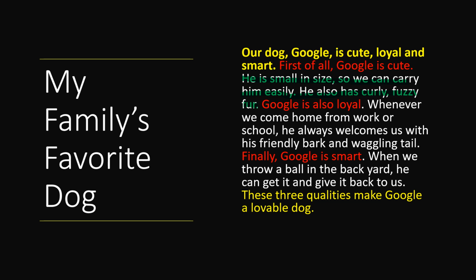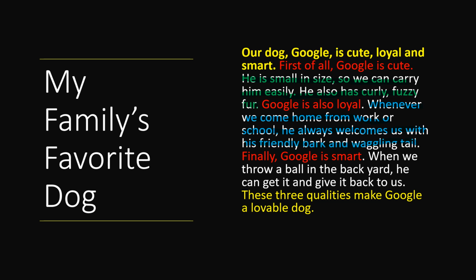The next detail is that Google is also loyal. Again, I also explain what makes Google loyal. So here, whenever we come home from work or school, he always welcomes us with his friendly bark and wagging tail.